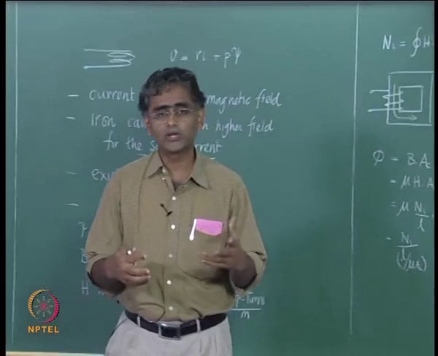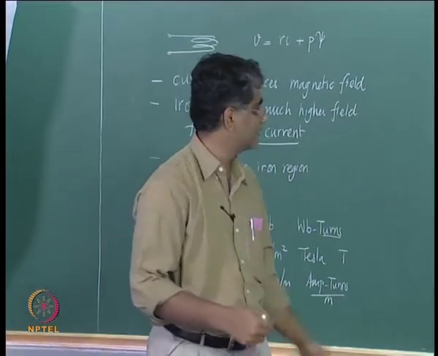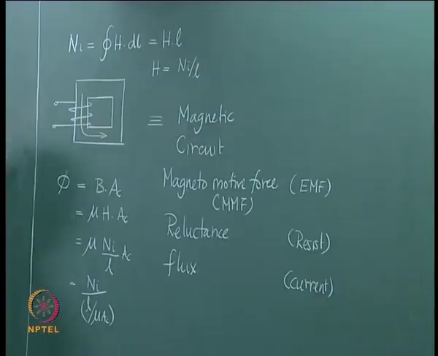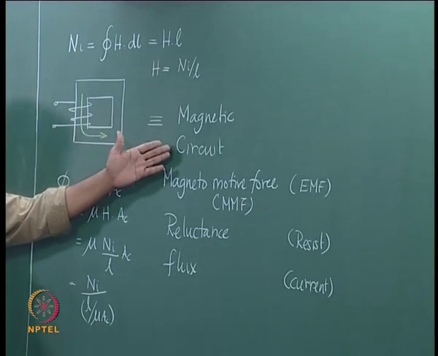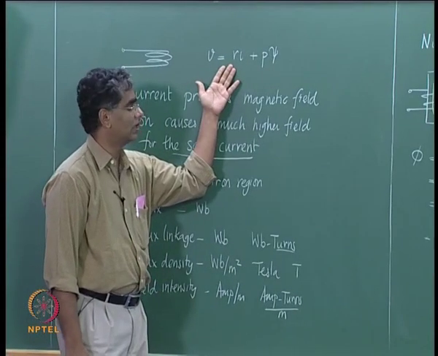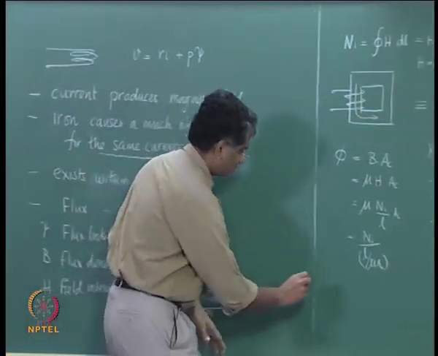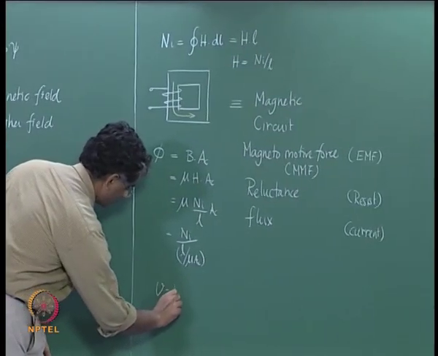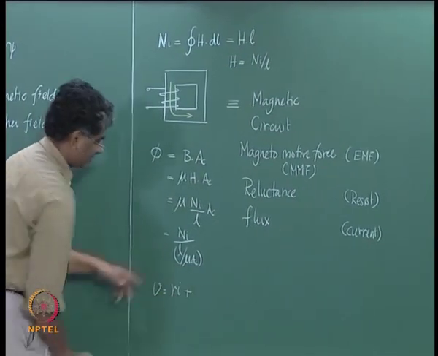So in this way one can simplify the analysis of this kind of circuit by looking at the magnetic circuit. And then if you substituted this expression into the equation V equals Ri plus P psi, what we landed up with was V equals Ri plus d by dt.